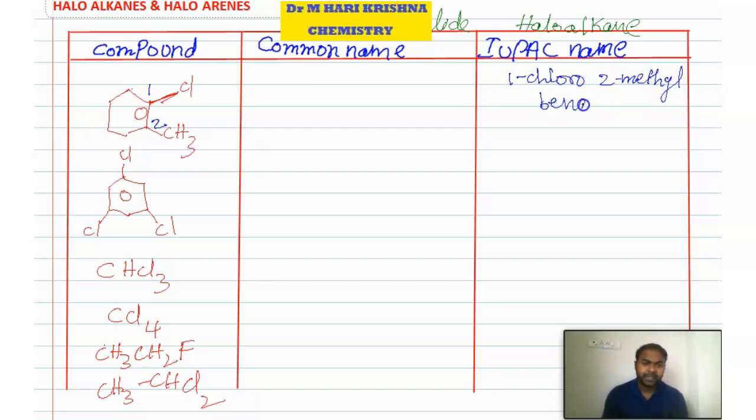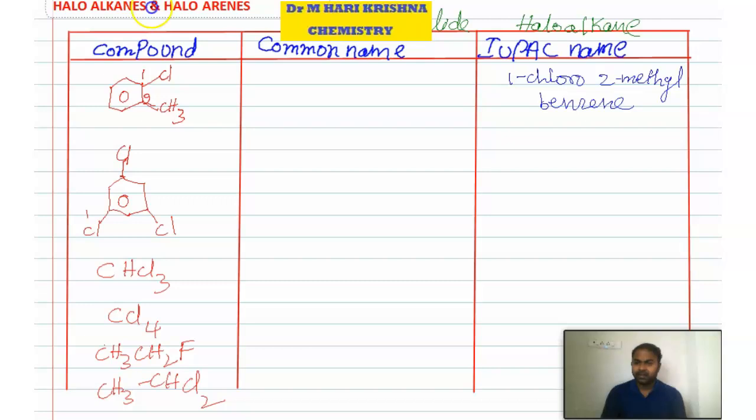This is the IUPAC name. What about the common name? So actually benzene. So here chlorine is given as 1, methyl is given as 2. So 1-chloro 2-methyl benzene, that is the IUPAC name.